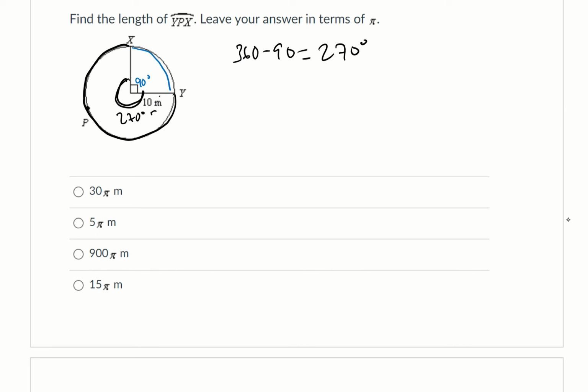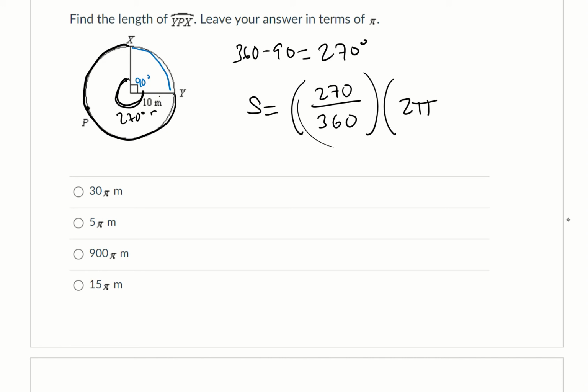Remember that the arc length is given by the central angle divided by 360, so what fraction of the circle I'm covering, and I'm covering 3/4 of the circle because 270 is 3/4 of 360, and then times the circumference to get the length. The circumference of a circle is 2 pi r, so it's 2 pi times 10 because the radius is 10.